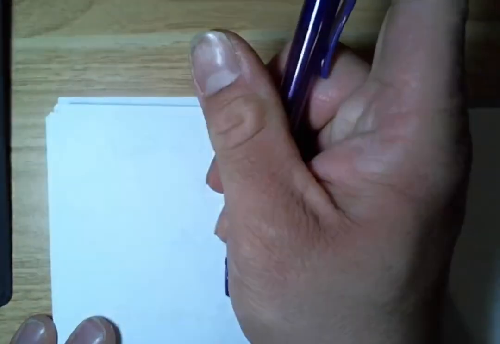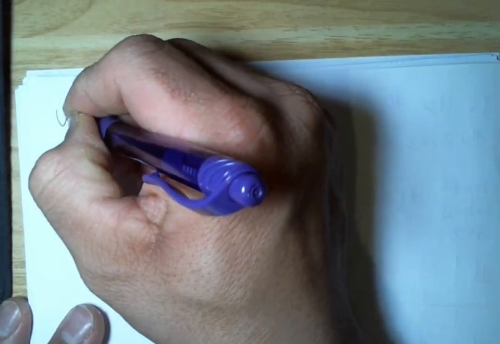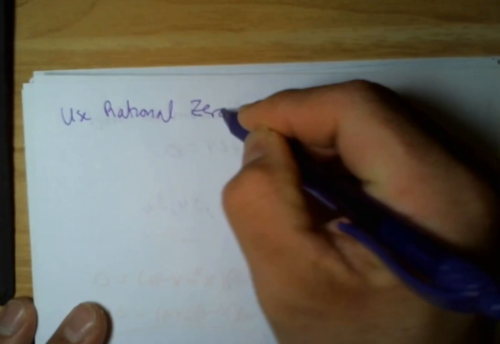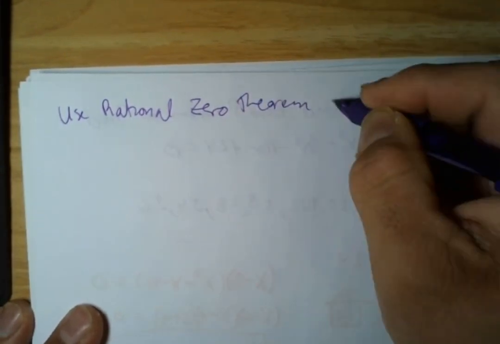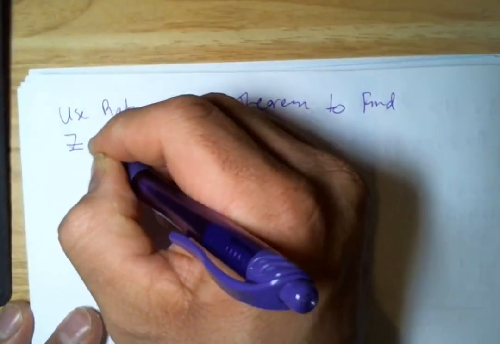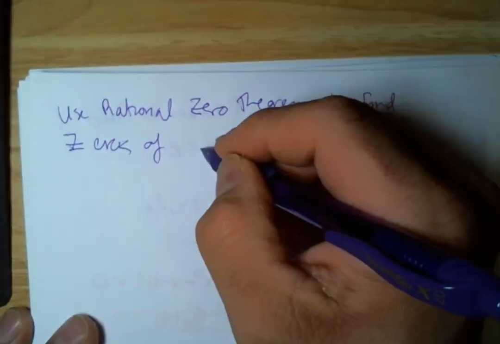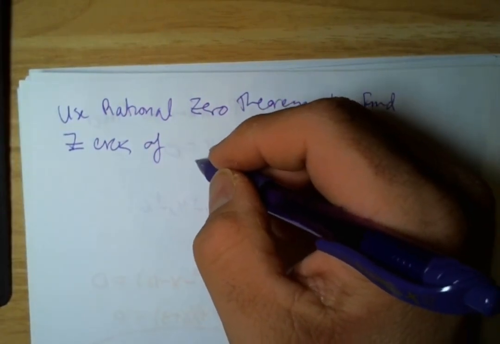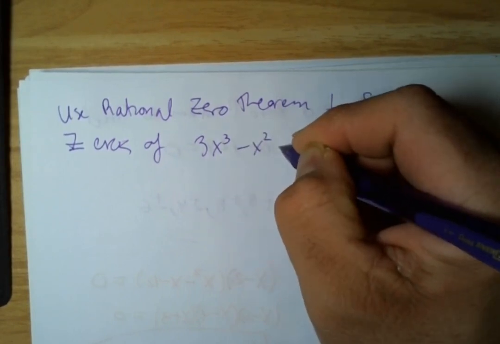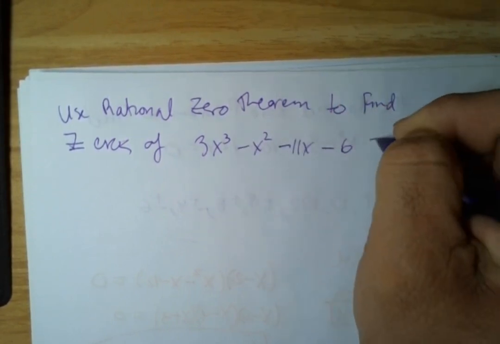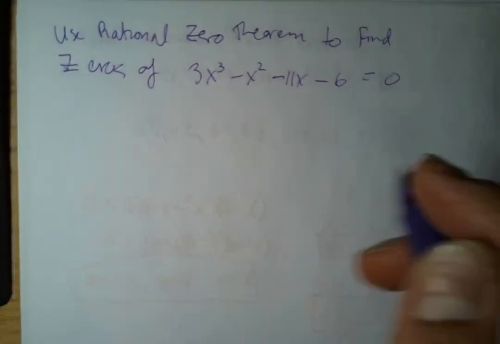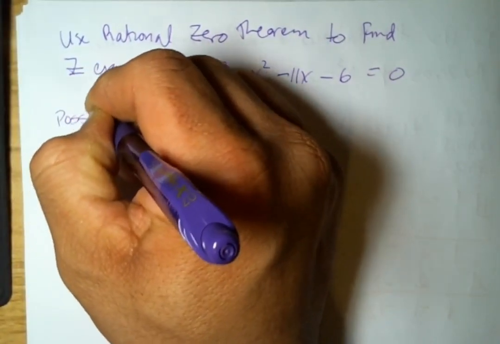Use the rational zero theorem to find the zeros of, let's see, 3x cubed minus x squared minus 11x minus 6 equals 0. Okay, so possible rational zeros.